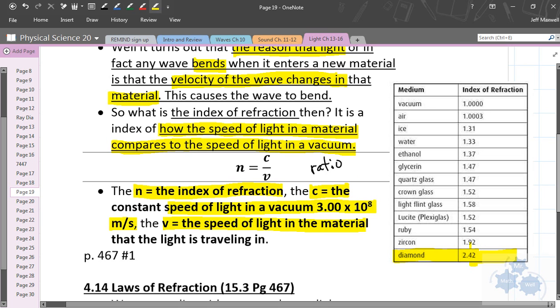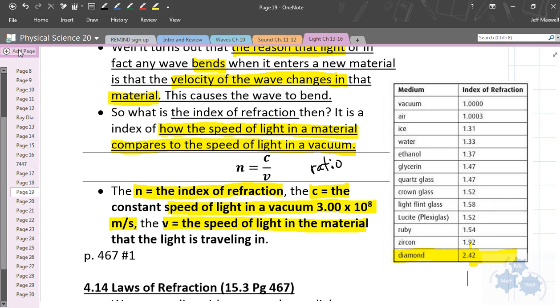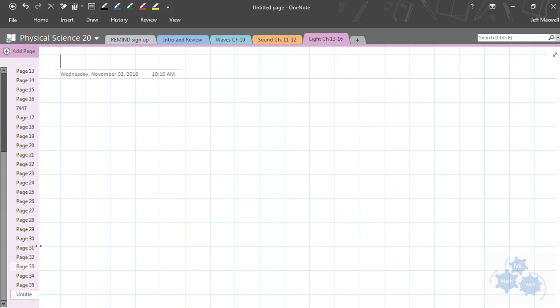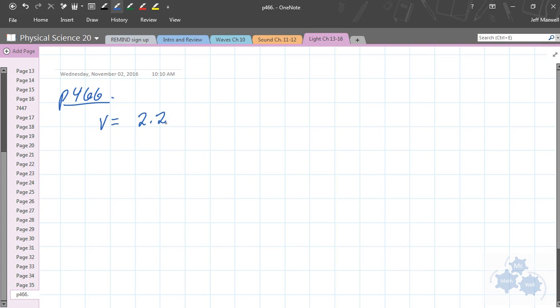All right. So on page 466, let's just do a little example here, the sample problem. The sample problem on page 466 says this: the speed of light in a particular liquid, that's going to be V, and V could stand for velocity, is 2.25 times 10 to the 8 meters per second.